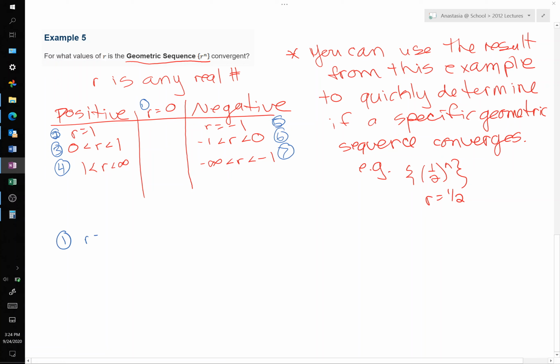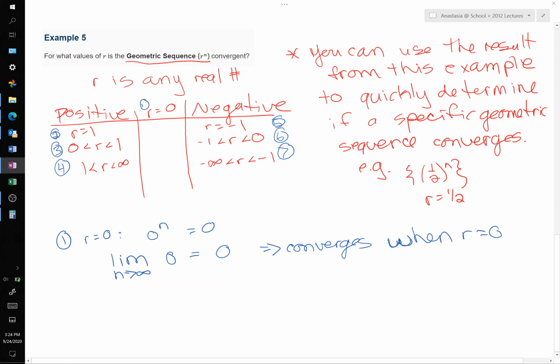So first case, r equals 0. Well, 0 raised to any number is just 0. So the limit as n goes to infinity of 0 is very clearly 0, which means that it converges when r equals 0. That was easy enough.